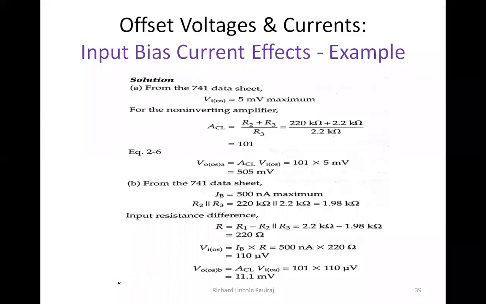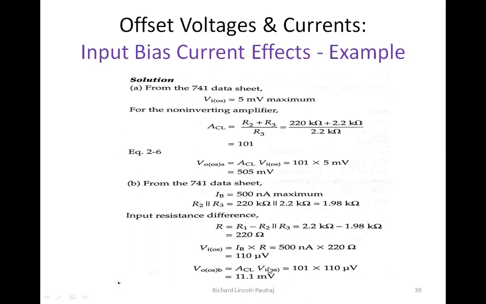Keeping this in mind, we calculate the changed input offset voltage. V is I into R. The new R is 220, and we know that IB is about 500 nano, so multiplying both I get about 110 microvolts.